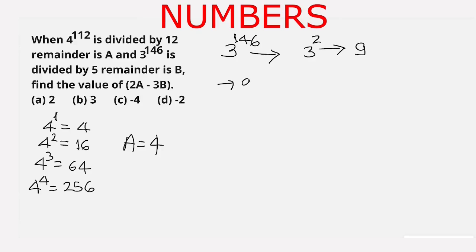And when 9 is divided by 5, the remainder is 4. So B is equal to 4.